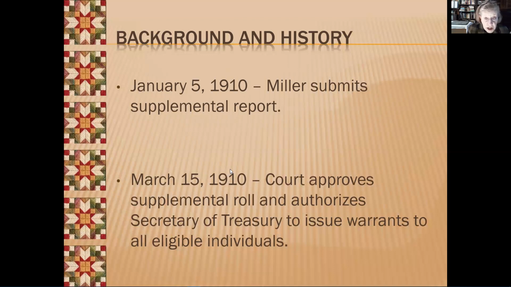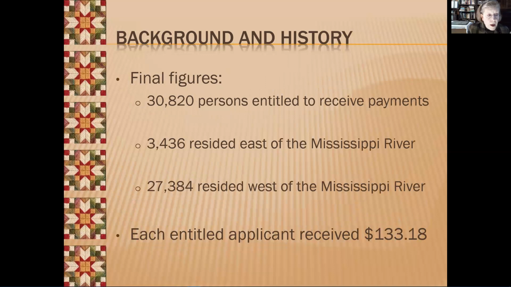Well, it really started in 1851, but the court stuff started in 1893. So here are the final figures. 30,820 people were entitled to receive payment versus that 90,000 that the 45,000 applications actually covered.